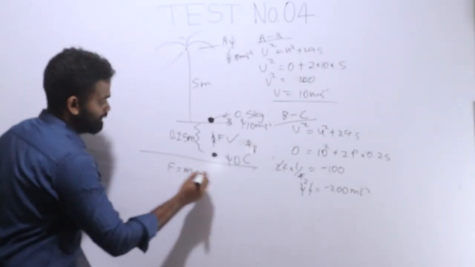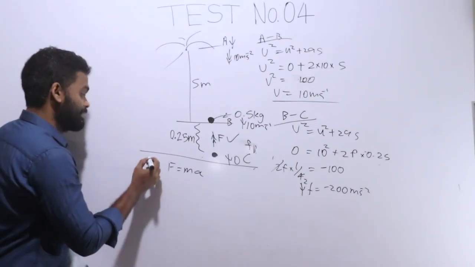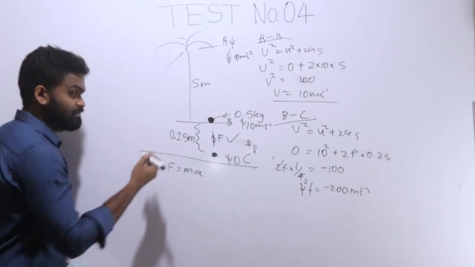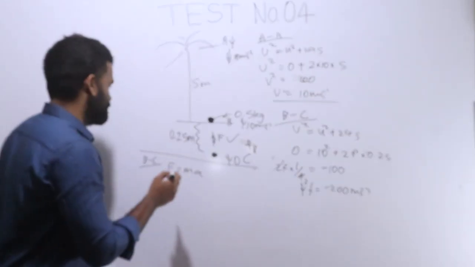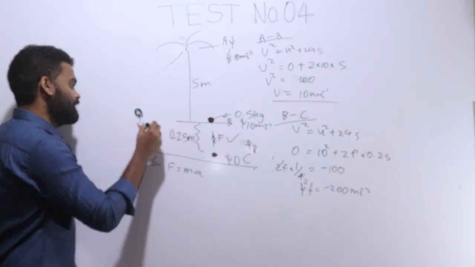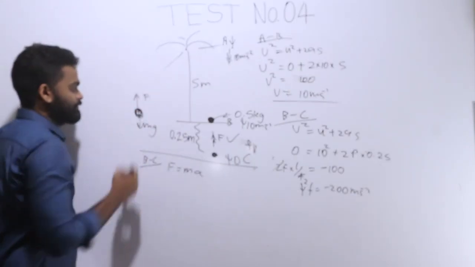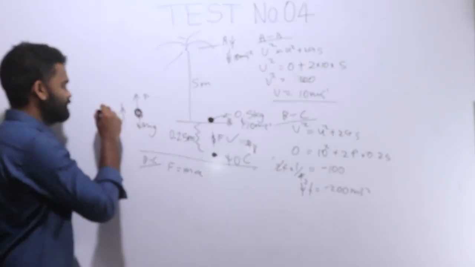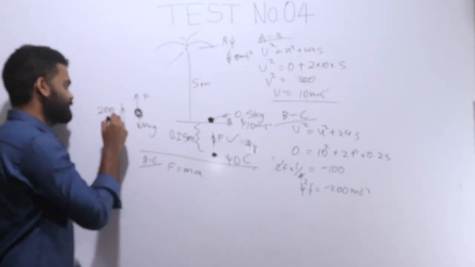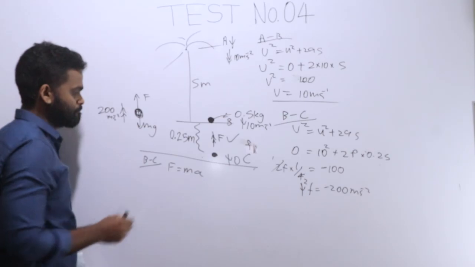Then I'm going to apply F equals ma, also between B and C. So what are the forces acting now on the coconut inside the ground? mg and the resistive force. And the acceleration we found is 200 meters per square second upwards.